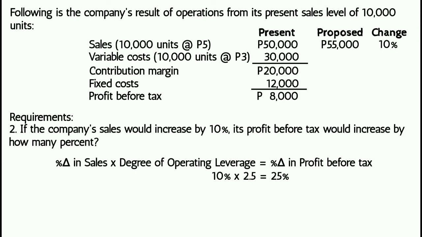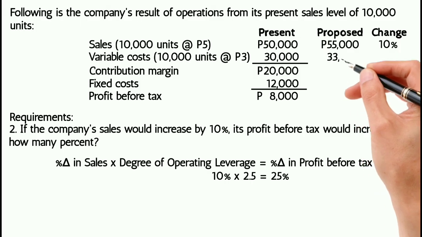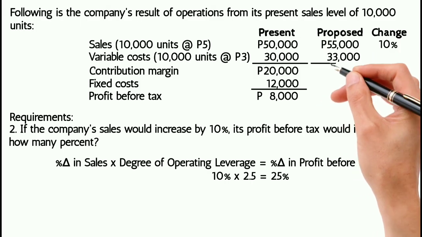Ang present variable cost ay 30,000 pesos. Since tumaas yung sales ng 10%, tataas din yung variable cost ng 10%. Kung tataas yung 30,000 pesos ng 10%, magiging 33,000 pesos.